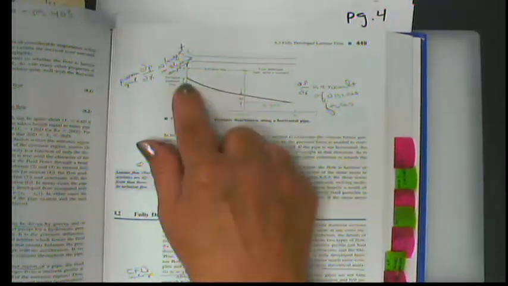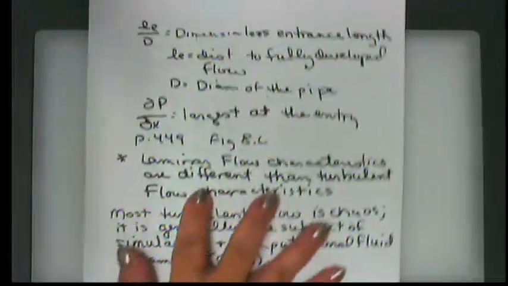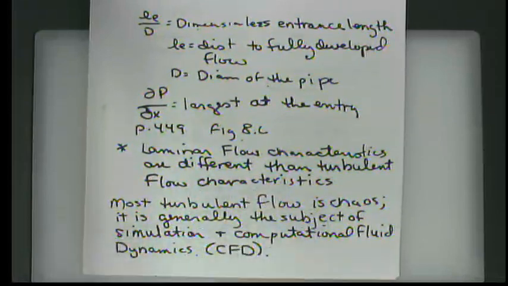Just indicating that it's higher than you would expect here. And those are just referred to as entrance effects. So we want to get away from the entrance effects before we can talk about fully developed laminar flow. So that's the kind of flow that we're analyzing in this section: laminar flow at this L sub e or greater away from the entrance to the pipe.